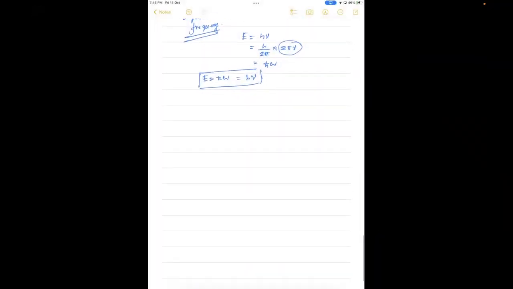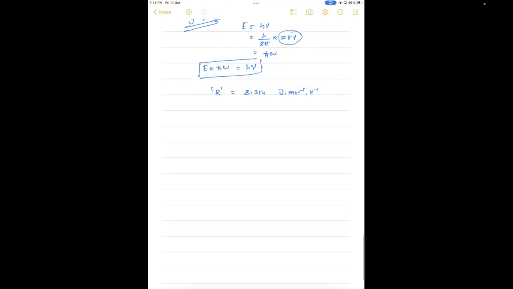So the universal gas constant, which we denote with R. R in joule unit is 8.314 joule mole inverse Kelvin inverse, right? You can get the unit from the gas equation PV equal to nRT.